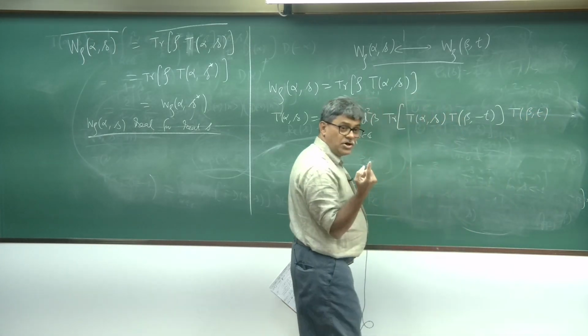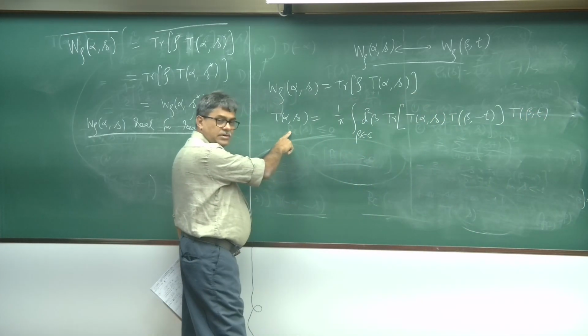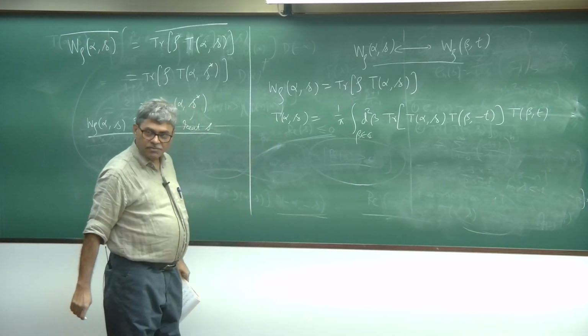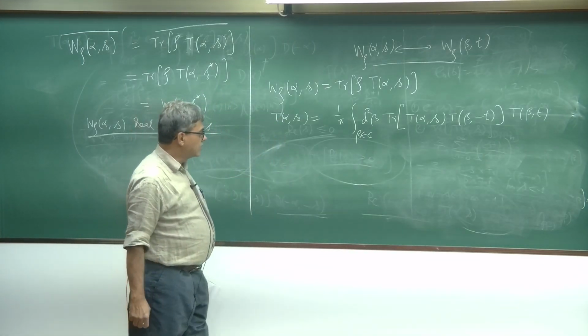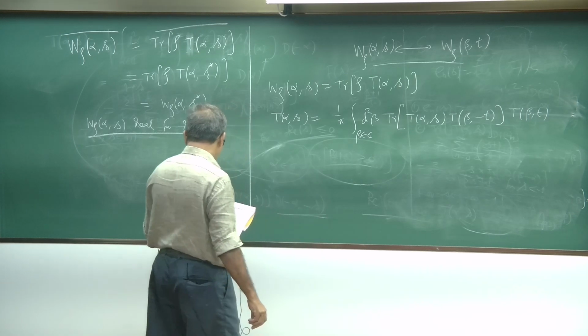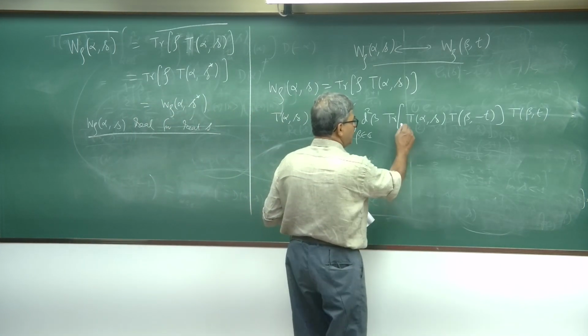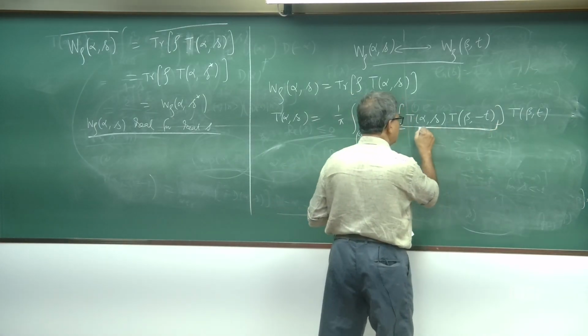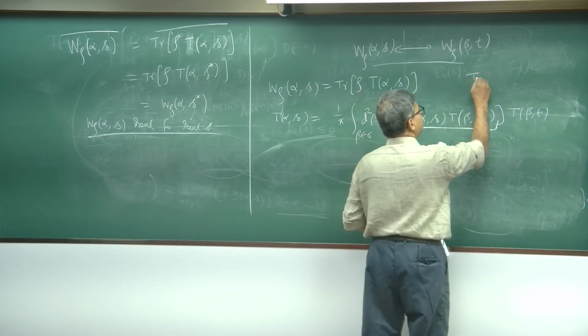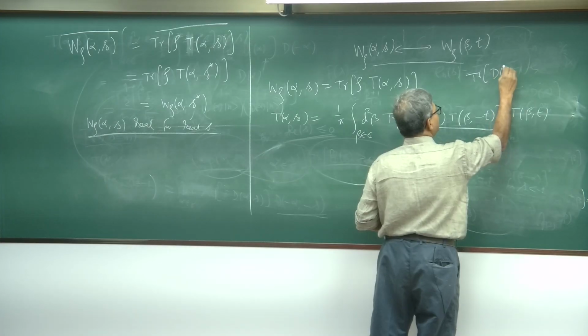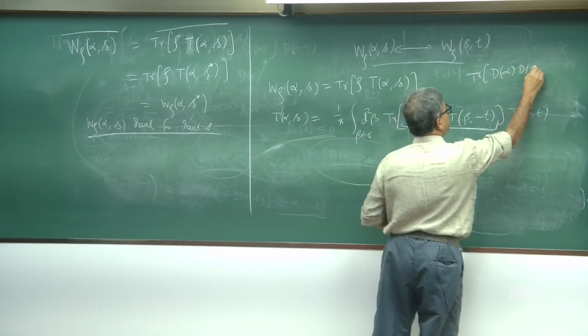This I told you, for any operator I can do this. Now, this we have not done, but I will just write the result, because you know the trace of D of alpha and D of beta.